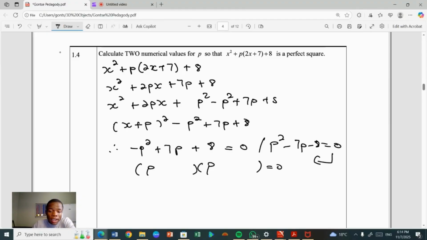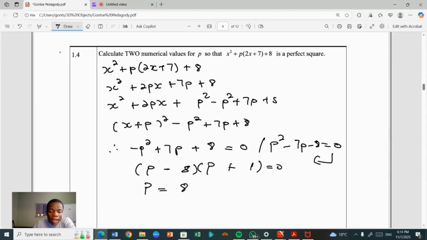It's 8 and 1, right? Here you have minus minus. When it's minus, it means we have different signs, but the bigger factor takes the sign of the middle term. So p is equal to 8, or p is equal to -1, using the zero factor law. So these are our two numerical values.